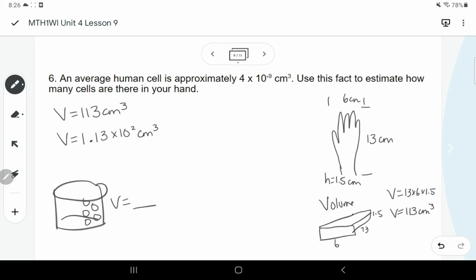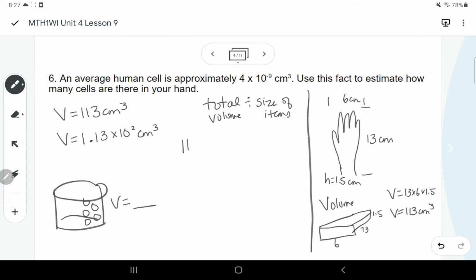And we would do the total divided by the size of the items. So total volume divided by the size of each item, and that would give us how many could fit inside. And that's what we're going to do here.